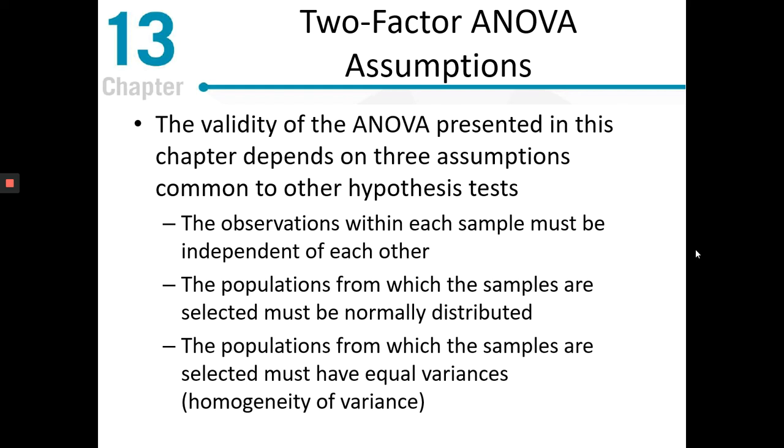So just like our other ANOVAs, the two-factor ANOVA has assumptions. So that first assumption, that the observations are independent from each other, is basically saying that the way we did the study and the way that nature is in some ways, I guess, is that those variables are not impacting each other.